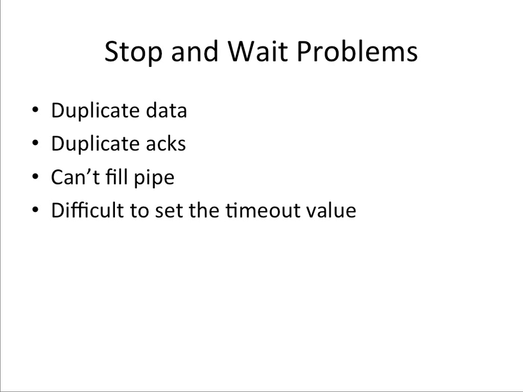But let's think about these two other problems. First, we can't fill the pipe. That's a big problem, right? What does that mean? Pipe here being the network connection between two applications, because the sender is going to wait to receive an acknowledgement and not use the incredible network capacity that you might have between these two nodes.